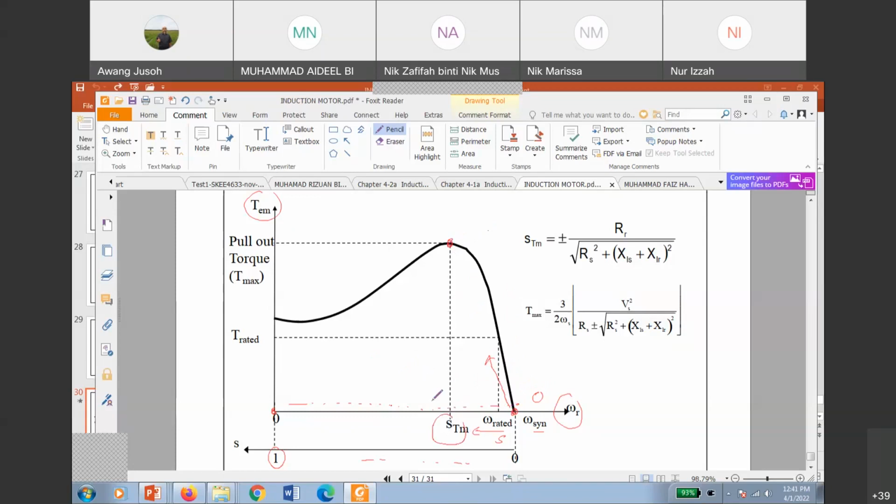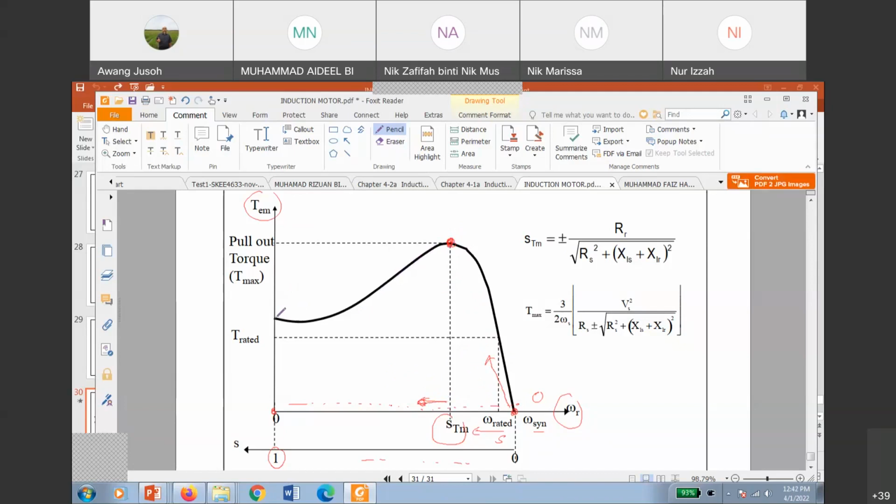If you go further beyond this, the torque will drop like that. The characteristic is a little bit weird, different. Understand? So when slip is above the maximum slip, the torque reduces and decays like that.